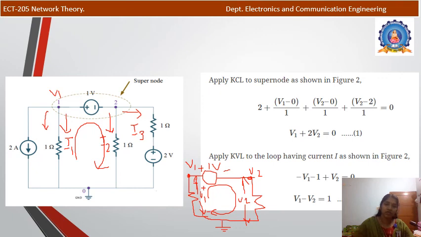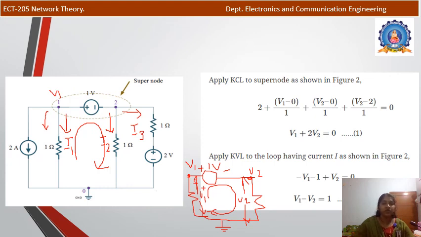We get minus V1 minus 1 plus V2 is equal to 0, so V1 minus V2 equals 1. So we get two equations: V1 plus 2V2 equals 0 and V1 minus V2 equals 1.